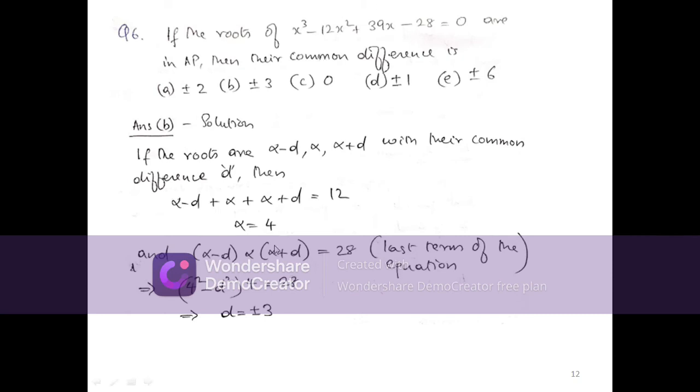Now when you look at this polynomial equation that you see here, this term that is 12, if you know this equation very well, when you expand it, that is a plus b whole cube.